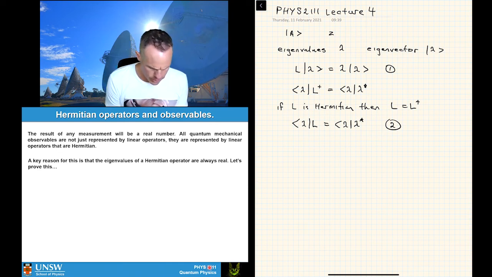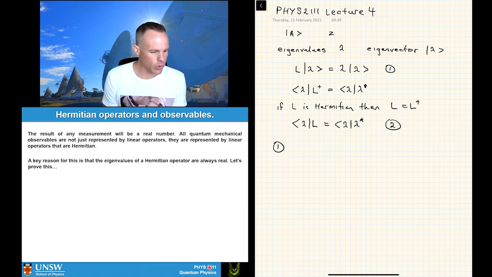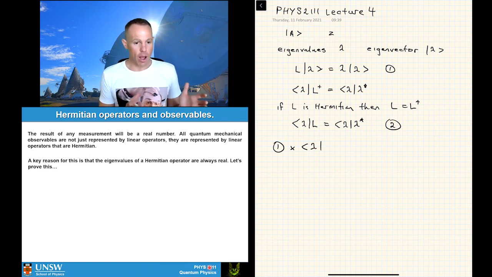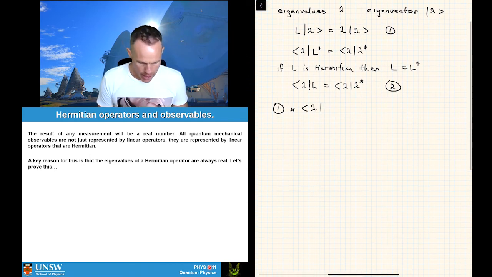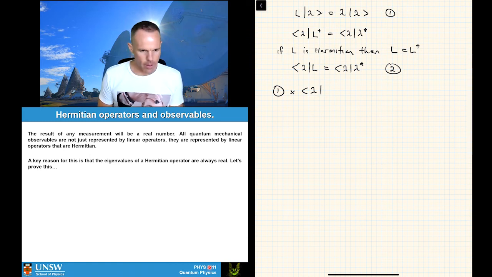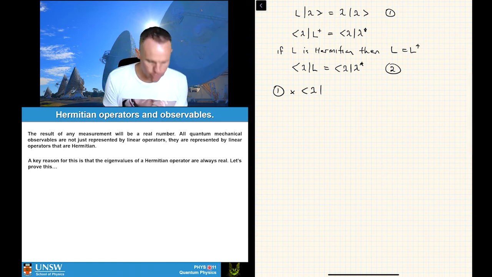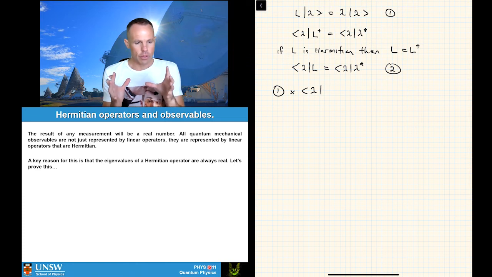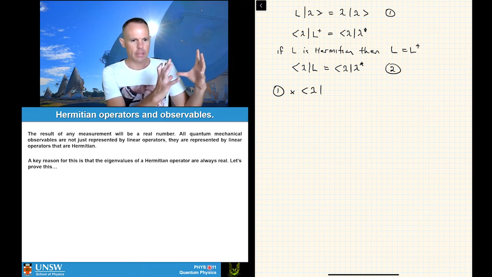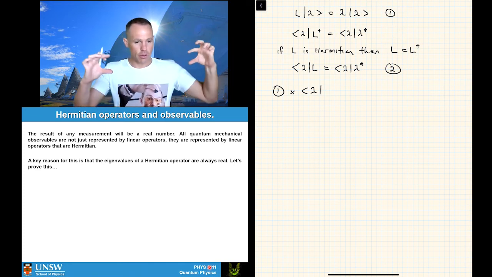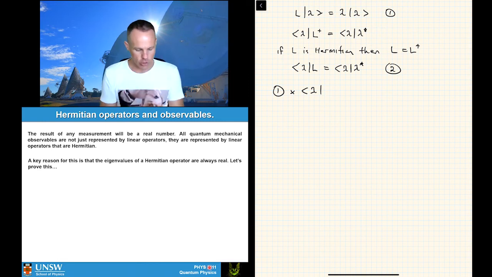So what I'm going to do here is take 1 and multiply it by the bra lambda, okay? And so what we would now have, when we do this multiplication, is that we put that element in the place that's right in terms of the angle brackets being on the edges and things being up against the straight brackets.